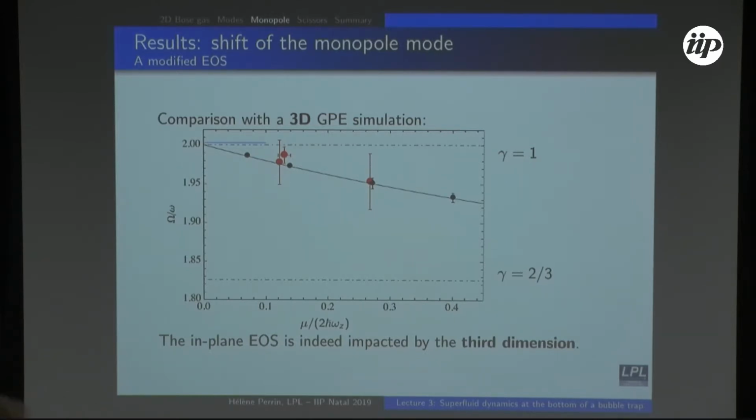Even if they are very, very close to being in the ground state, because mu is very small as compared to 2 h bar omega z, still, the interactions are able to populate a little bit the transverse direction sufficiently to modify the equation of state and modify the observed monopole frequency. So it fits really nicely with the prediction of the Gross-Pitaevskii simulation.